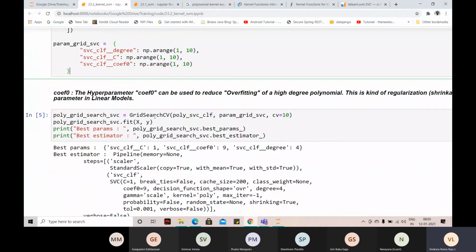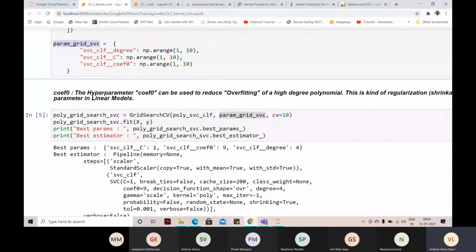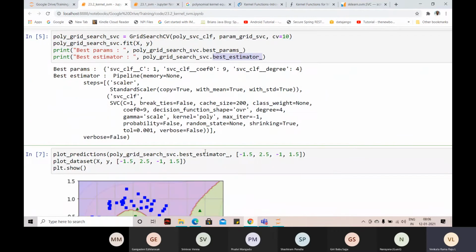So we have now built the model, right? We designed the model, and then we are using GridSearchCV, the pipeline, and then the hyperparameters, right? Fitted, best parameters, best estimators. But give me 1 second.